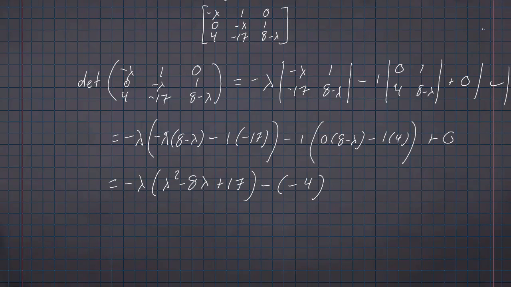Unfortunately, we do have multiple terms. We don't have the factored case we did last time, so we don't get to take that shortcut. But we can still continue from here, multiplying everything through, and then set that equal to 0.